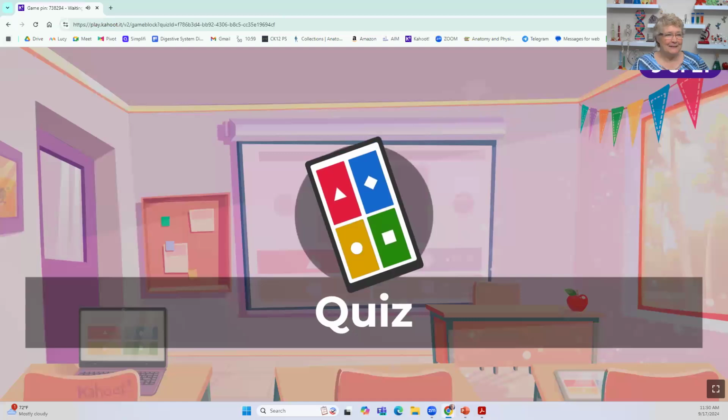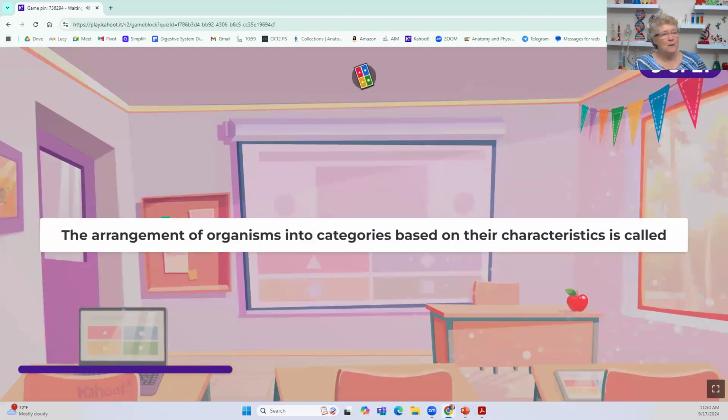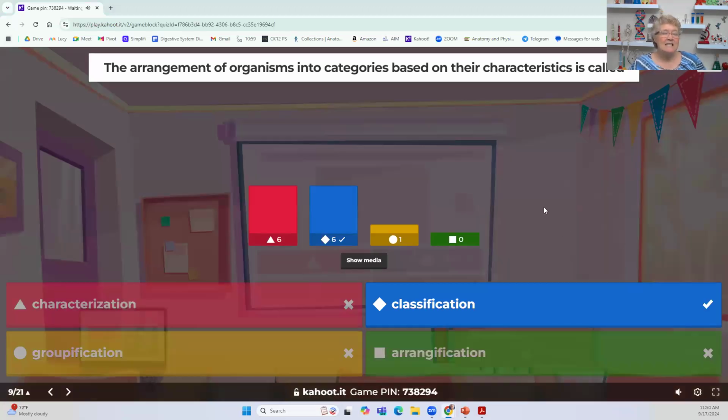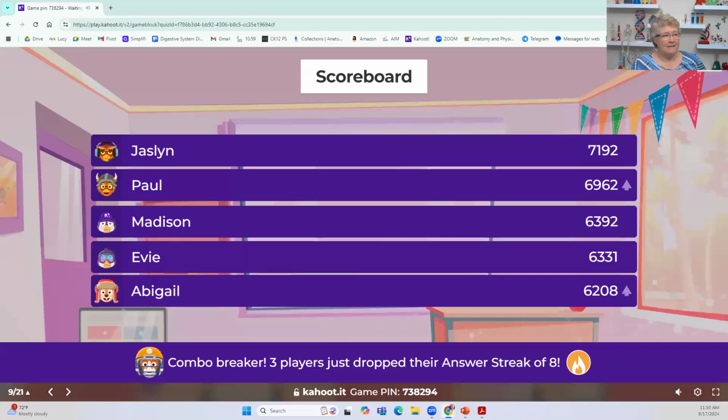Awesome. Here we go. The arrangement of organisms into categories based on their characteristics is called classification. That is called classification. All right.